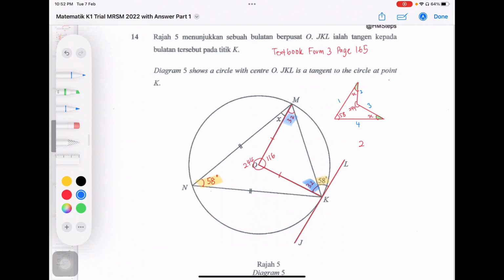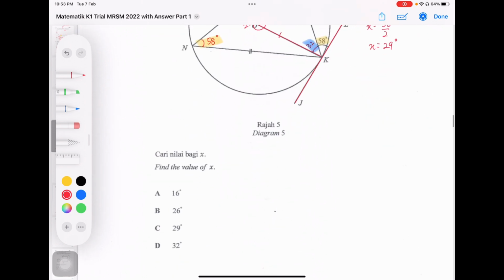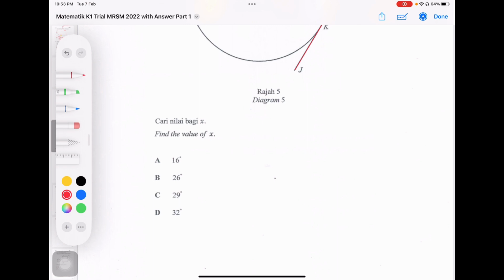It means the total angles are 360, and because we have 2 x's, it means 2x equal to 360 minus 58 minus 244, and then you will get the answer. The answer is C.